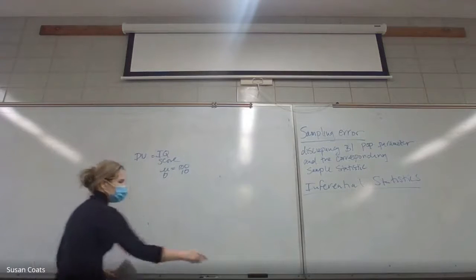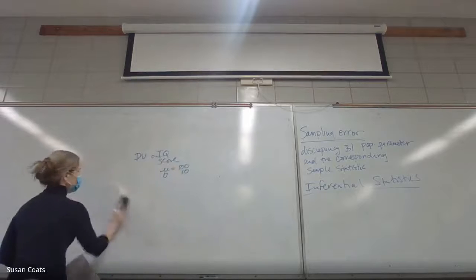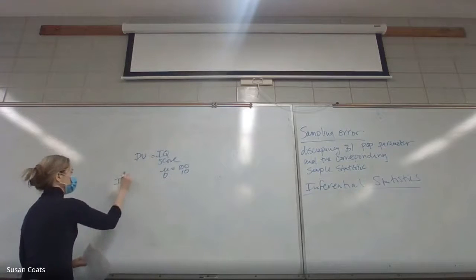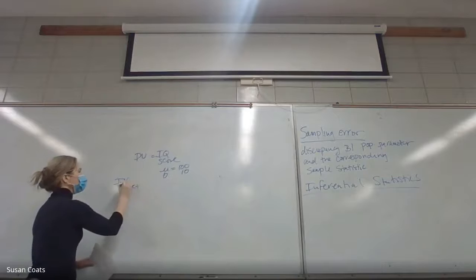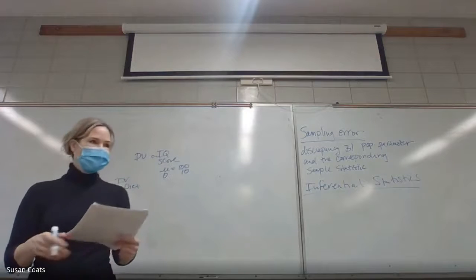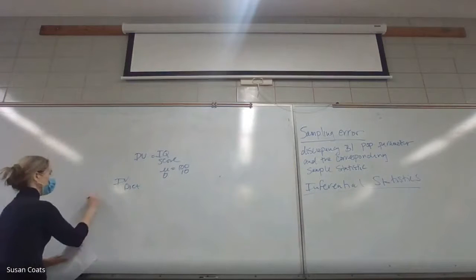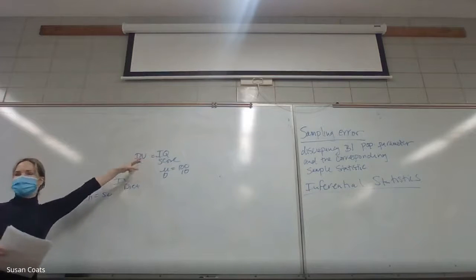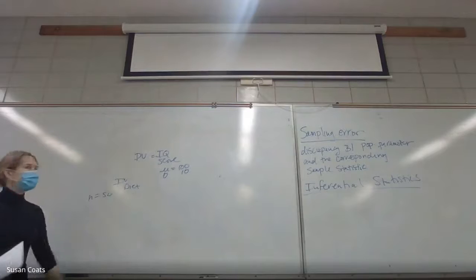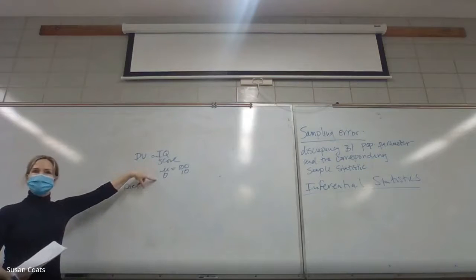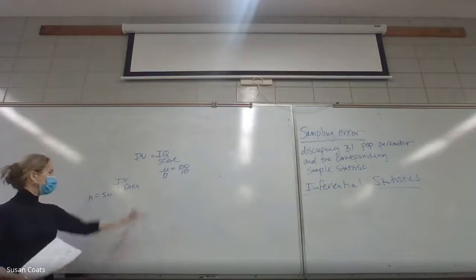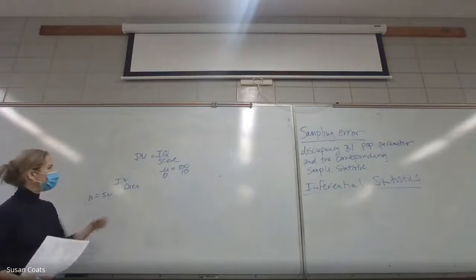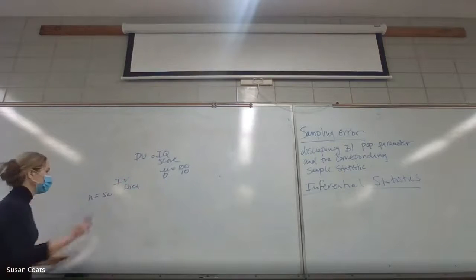Okay, and then I decide to conduct a study where my independent variable is going to be diet. So I want to see if diet impacts IQ. So I'm going to take 50 people. I'm going to randomly select them from the population. These are adults in America. That will be my population. So that's what these stats refer to, adults in America. I'm going to take a random sample of 50 adults from this population.